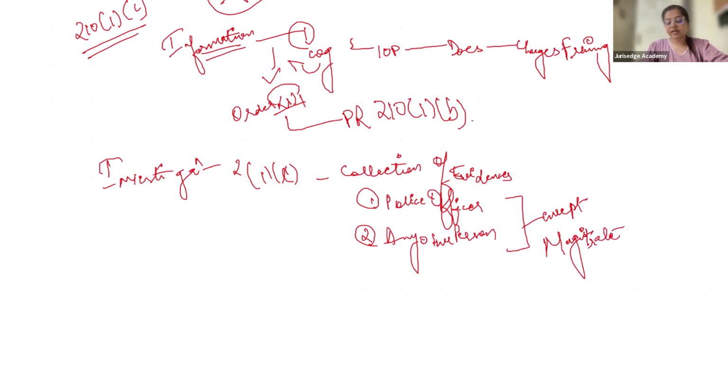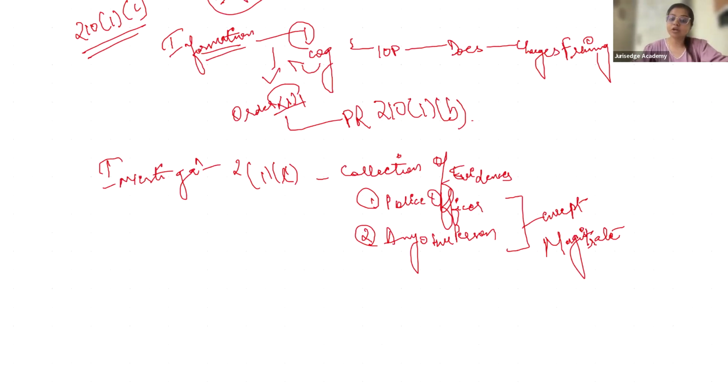Magistrate can direct the investigation. Magistrate can order for investigation. Magistrate can supervise the investigation. We'll see some instances when we read the sections for procedures of investigation for cognizable and non-cognizable offenses. We'll see that the magistrate can supervise the investigations, but the magistrate himself cannot go and do the investigation.